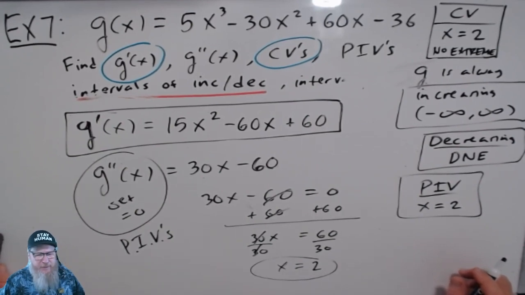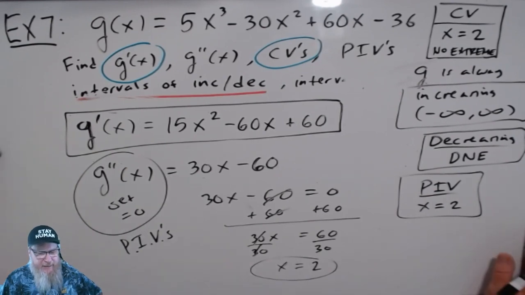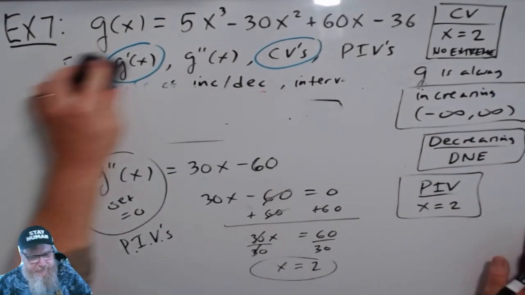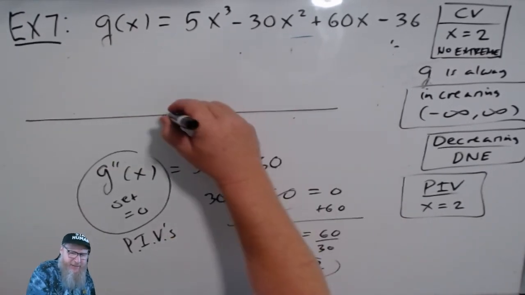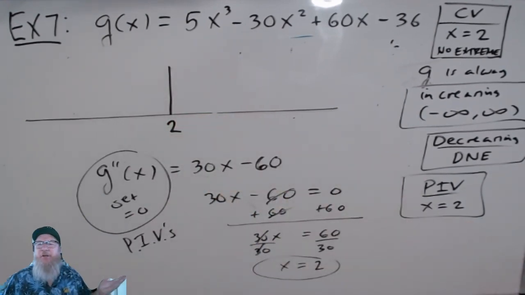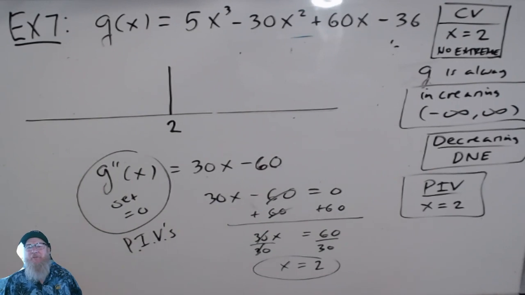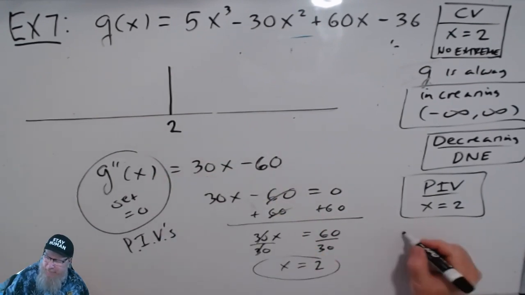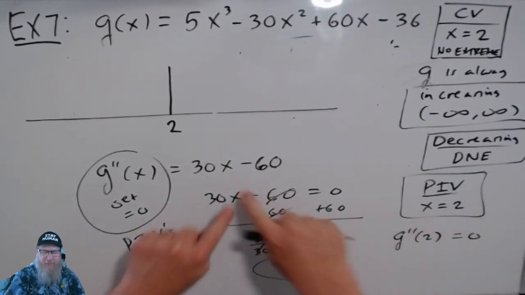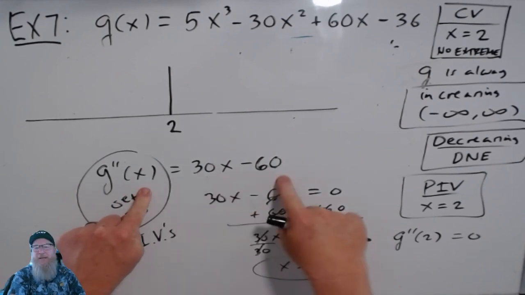Okay, so let's do the test. Now again, for the second derivative test, I'm still at 2. I guess I could have reused my last one, but the answers are going to be different, or they possibly could be different, so I'd like to start fresh, although it is the same one. Now, notice that if you plug 2 into g double prime of x, you get 0, right? 30 times 2 minus 60 is 0.